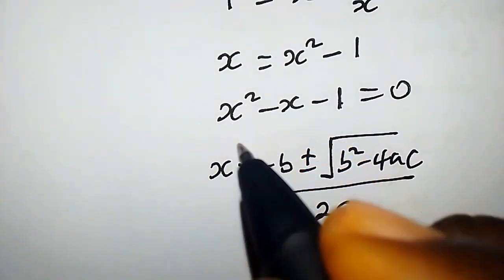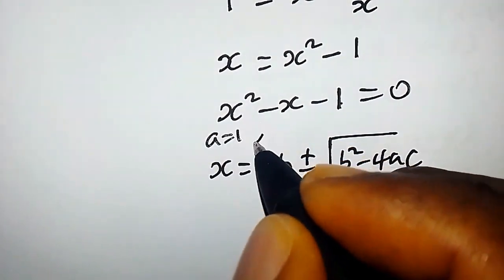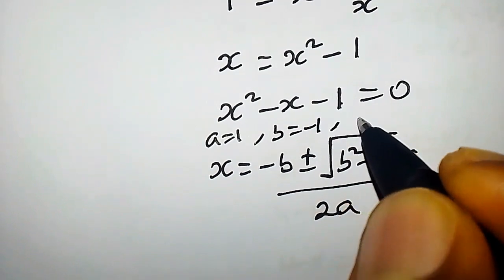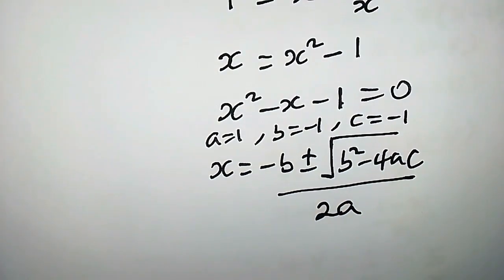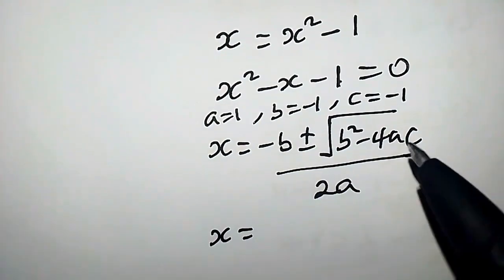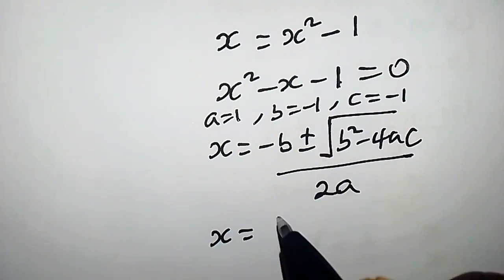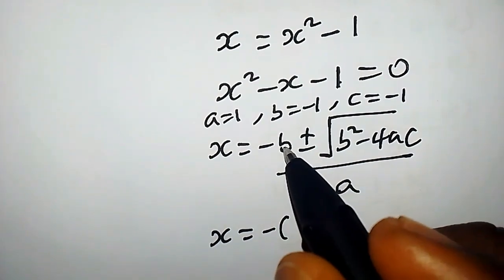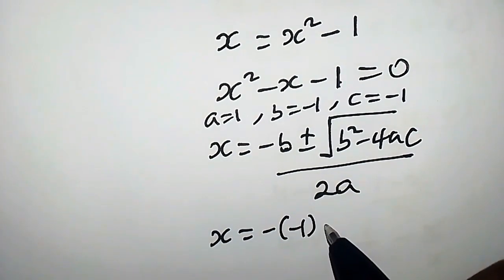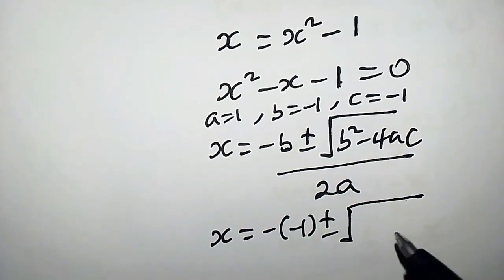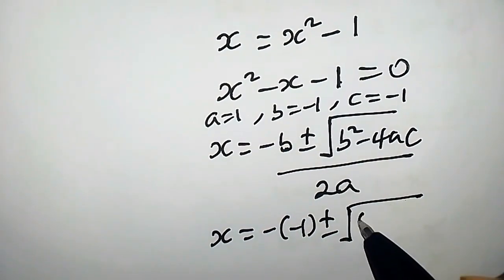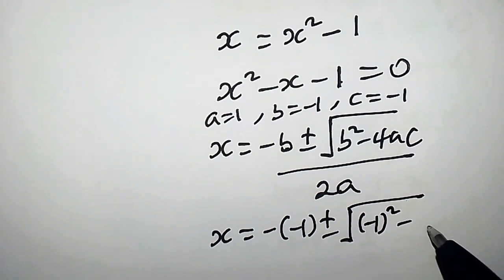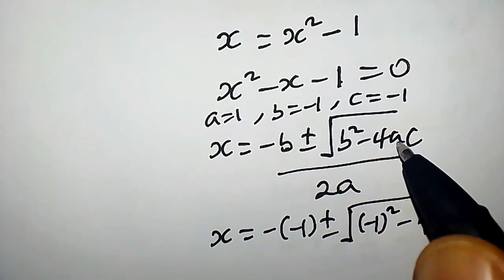So from here, our a is 1 and our b is -1 and c is equal to -1 also. So x is equal to, let's plug all these values here. We have negative times, what is b? b is -1, plus or minus square root of, what is b? b is -1 all square minus 4 times, what is a?